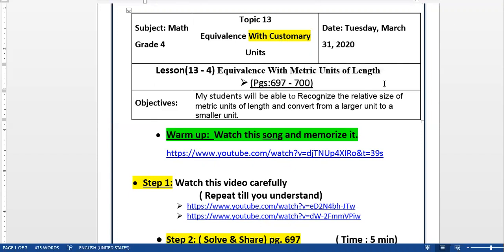Okay, let's go. Open your book, page number 697. Write the date, Tuesday, March 31, and be ready. After today's lesson, you will be able to recognize the relative size of metric units of length and convert from a larger unit to a smaller unit as we have done already before.